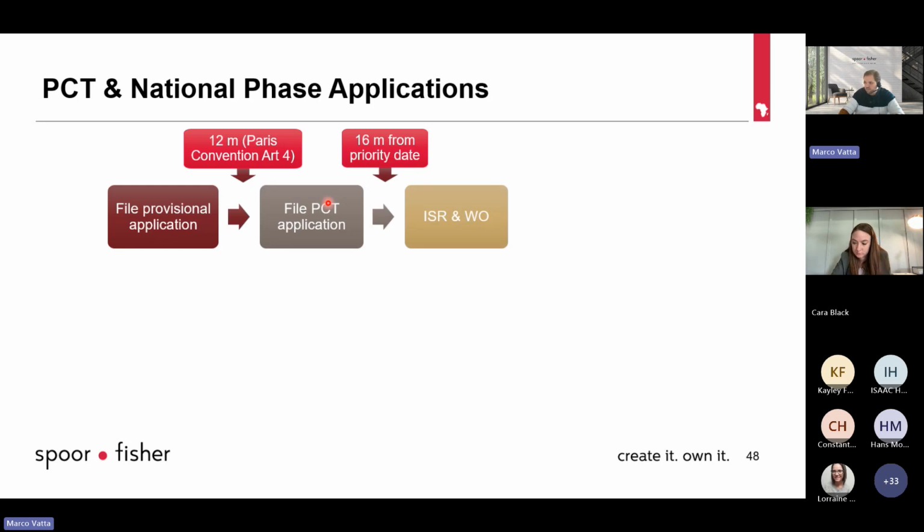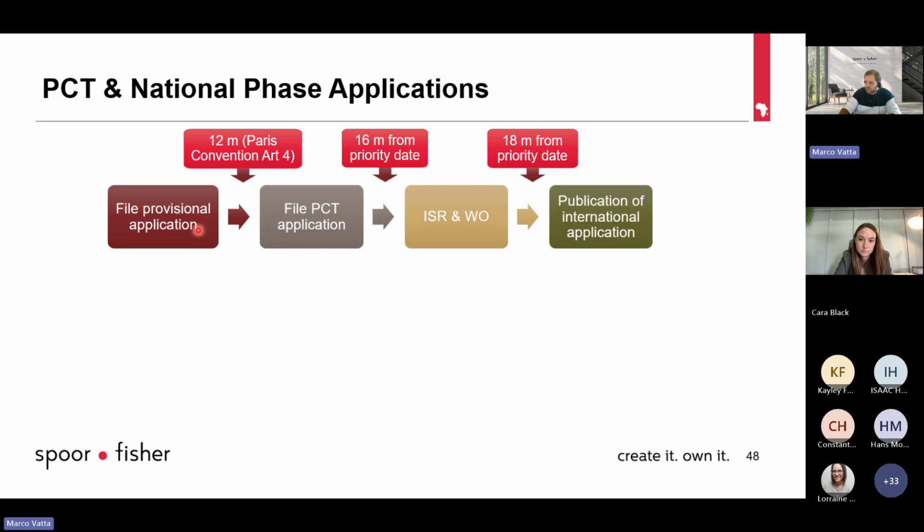Ordinarily, within 16 months of the priority filing date, the international searching authority that you designated as your searching authority will issue the applicant with an international search report and written opinion. In that search report and written opinion, they will stipulate their findings on whether that invention, in their view, meets the patentability requirements, and they'll provide citations of any prior art that they think is relevant to that invention.